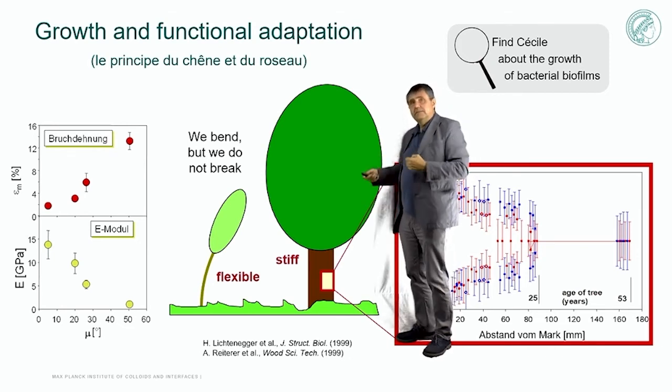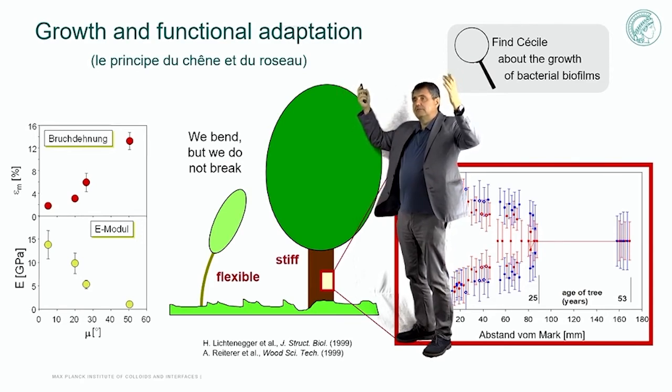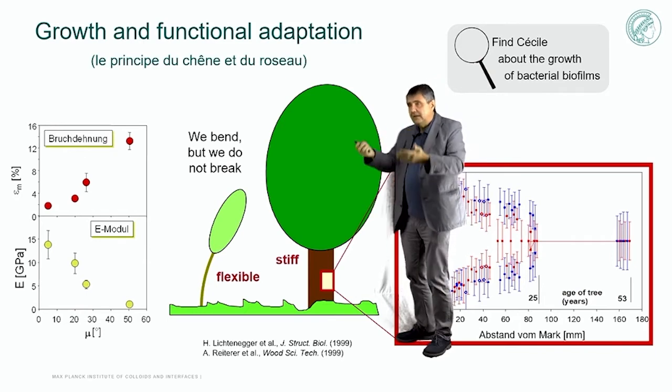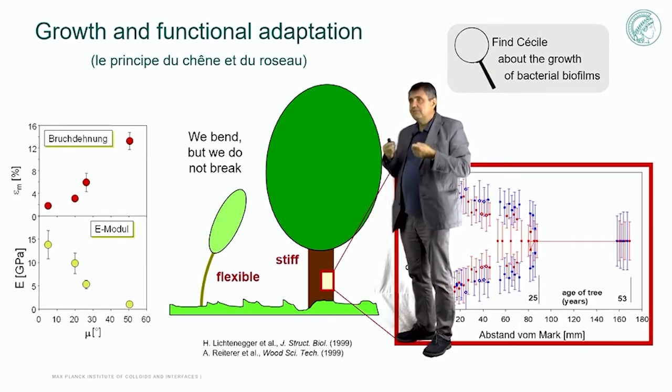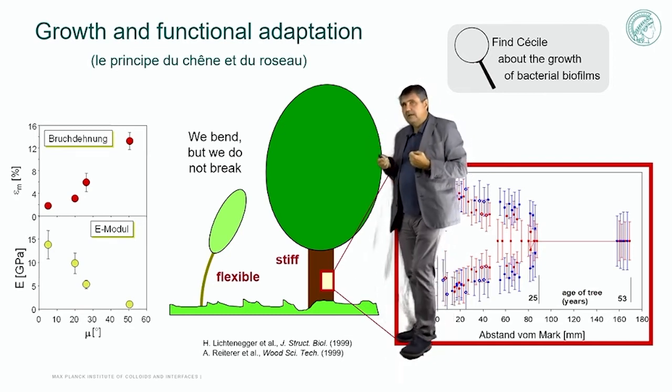While later, when the tree is grown and there is the heavy weight of the crown, flexibility is not good because the tree would bend over. Rather, stiffness is needed. So this tree needs different internal properties at different moments in its own life.